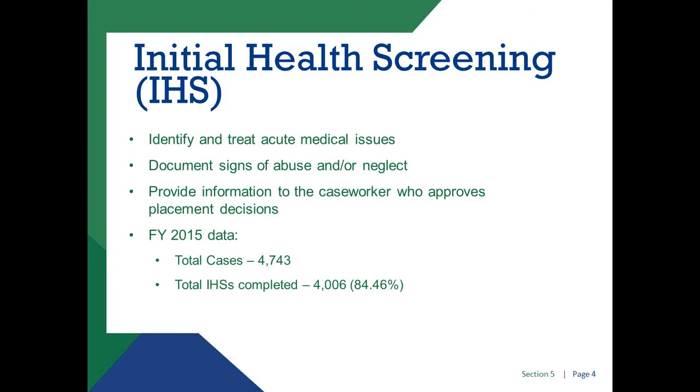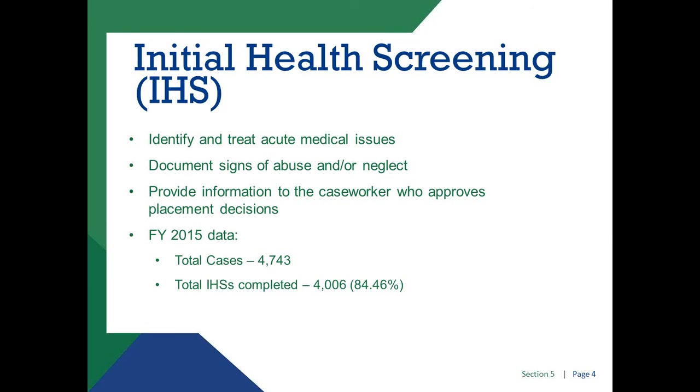Some would say, well, why isn't it 100%? We find that in order to fulfill the requirements, we have to be in constant communication with workers. The initial health screening is primarily a responsibility of a child protection investigator. We have to be in contact with those staff, particularly to provide training so they understand these requirements.